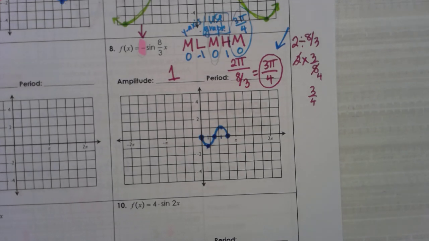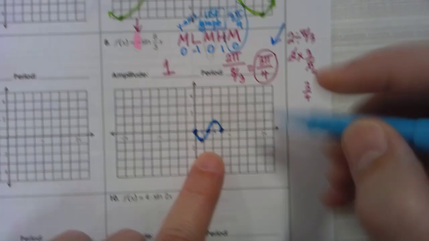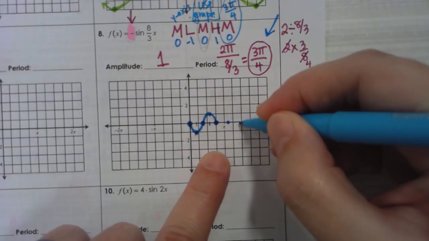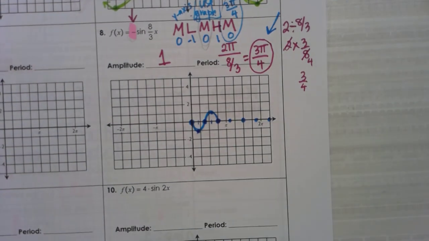Okay? Now, this is a super tiny curve, which means it's going to repeat a whole bunch across my graph, right? Okay, so watch. Every 1.5, I had a dot, right? 1.5, 1.5, 1.5, 1.5. Those dots along the middle, okay? Every 1.5, I put a dot. I'm just going to do this side for right now.